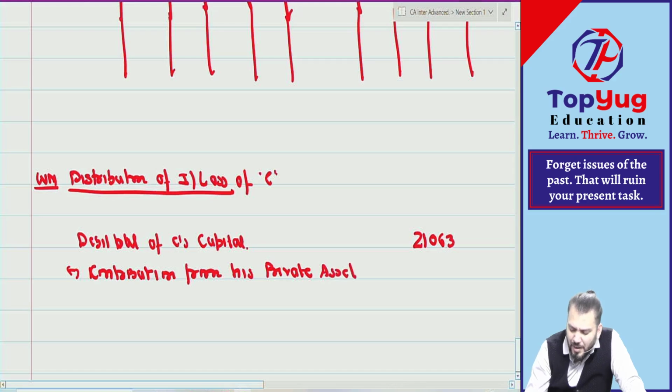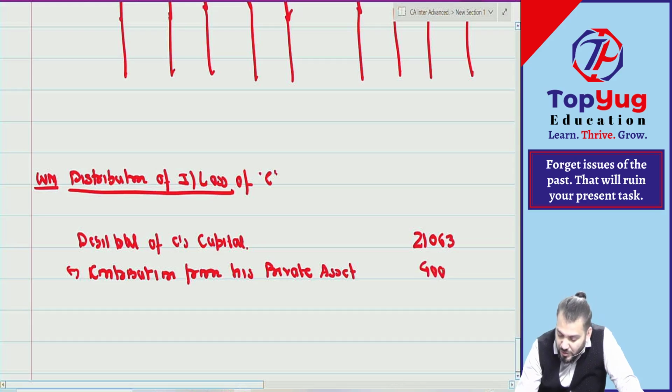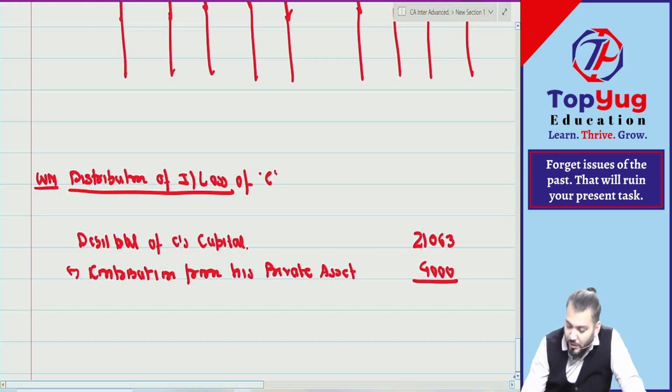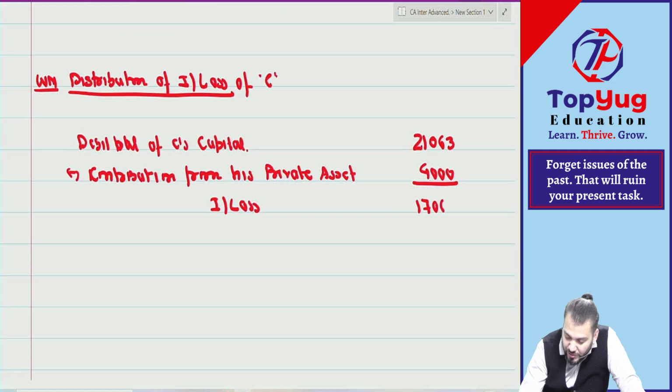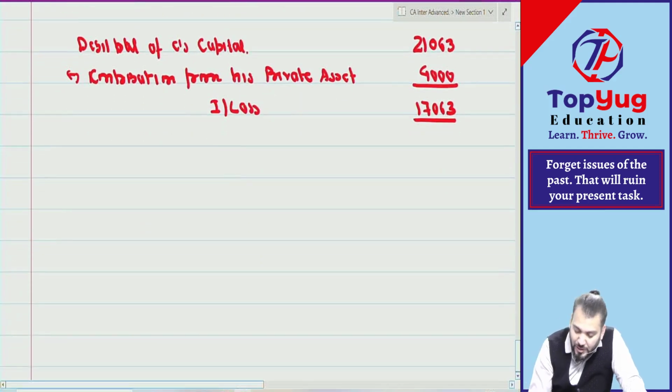Means they might be having some private or personal asset. So that will also be sold, and from that some amount can be recovered. Understood? How much amount have they said? So this amount is contributed. So what is the insolvency loss? It is 17,063.